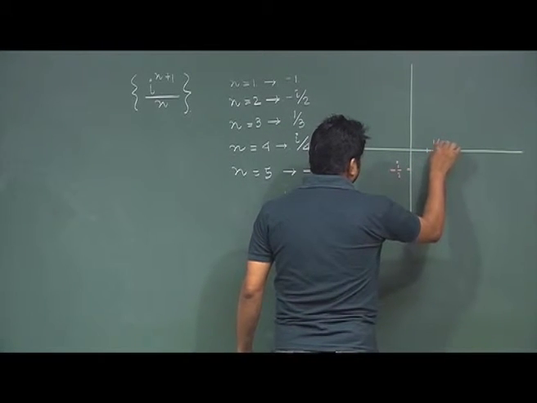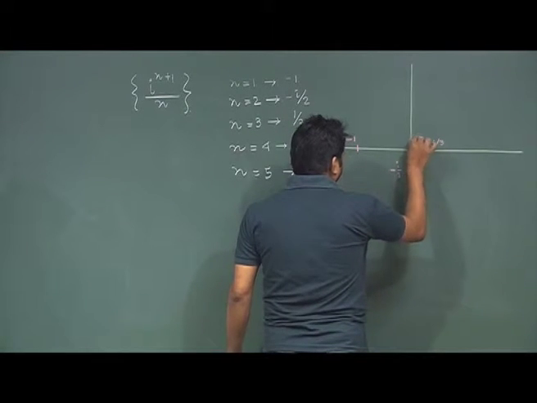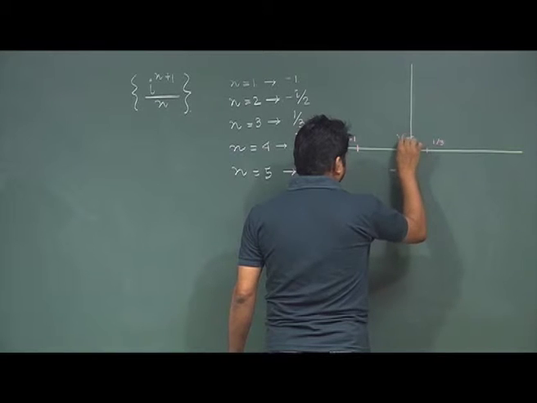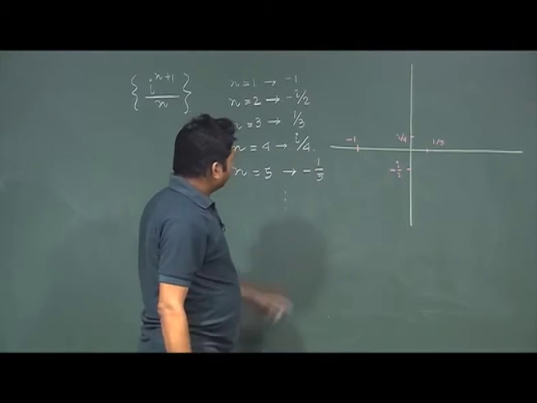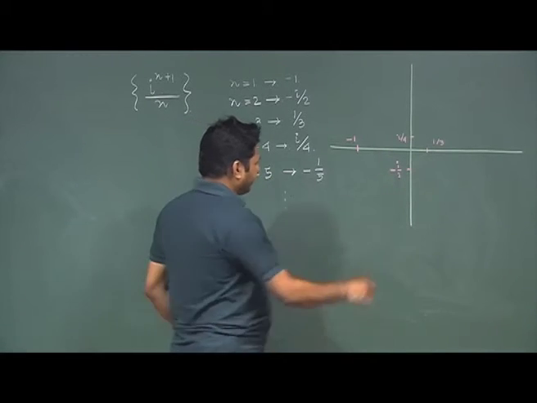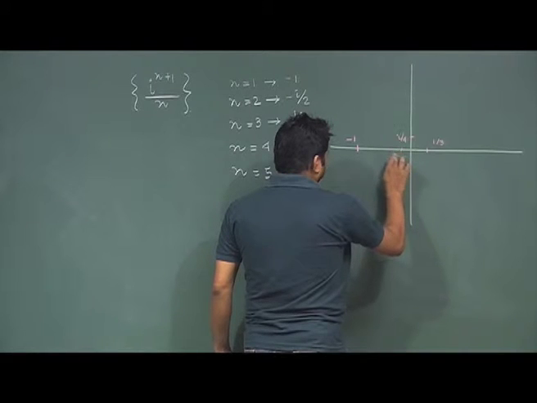Fourth point is i by 4, somewhere here, fifth point is minus i by 5, and so on.